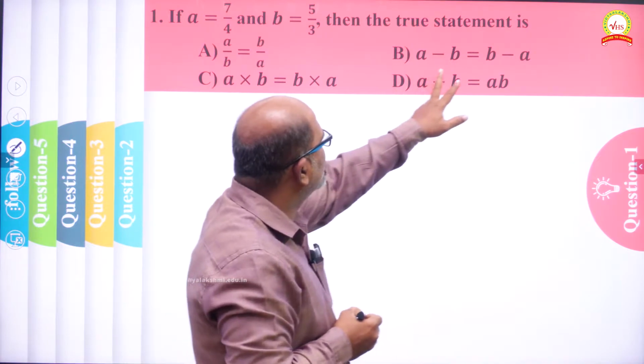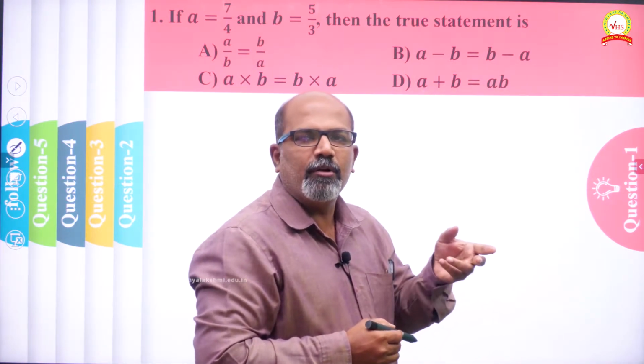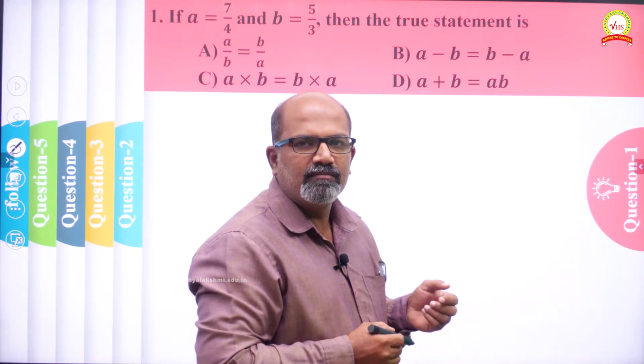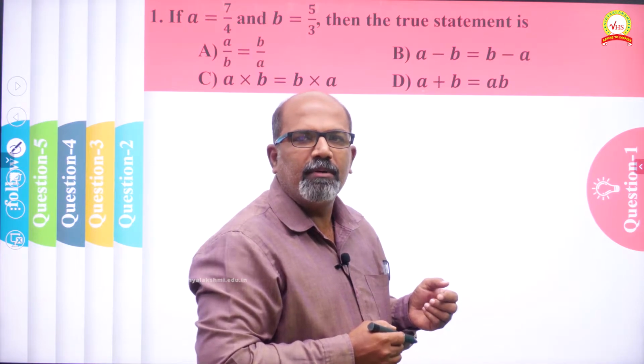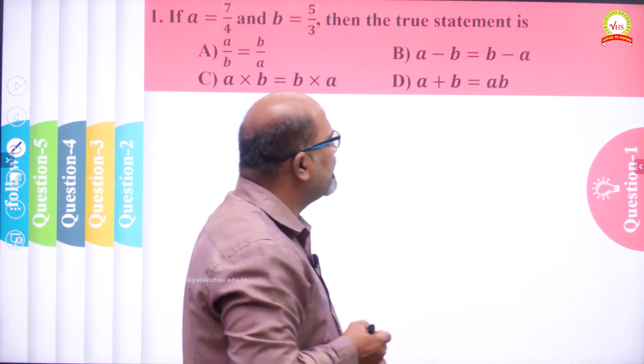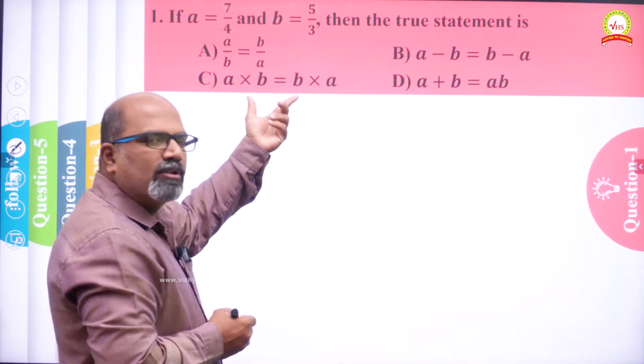And then here you can see that A minus B equal to B minus A. It is also a commutative property, but the commutative property of subtraction. Do you remember? A minus B equal to B minus A in general. What about this?